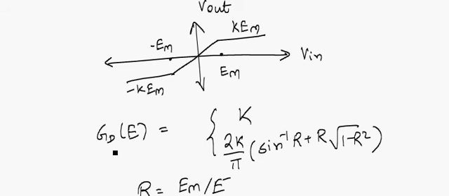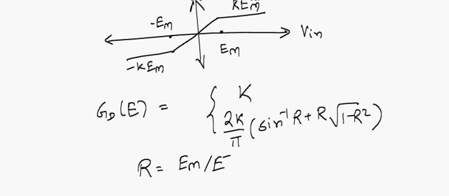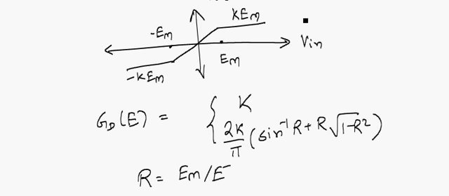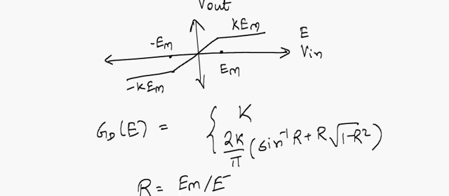In that case, what the describing function GDE means is that if E is the amplitude of the sinusoid here, and it's oscillating like that, what's the sinusoidal V out amplitude that I get?